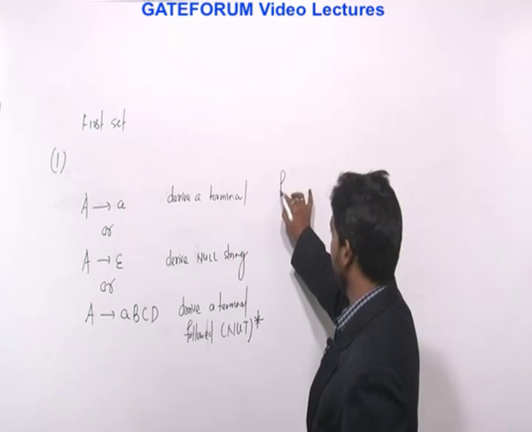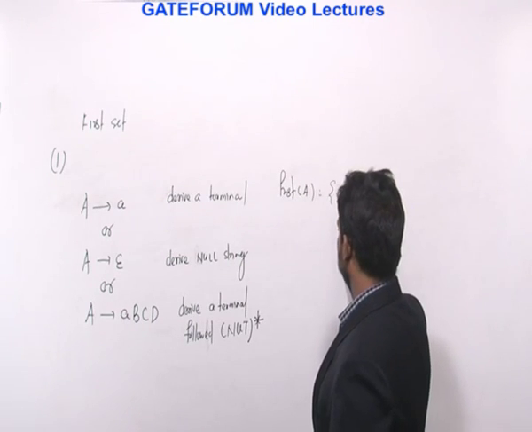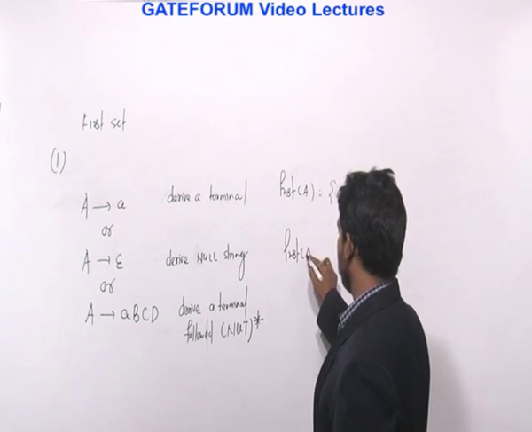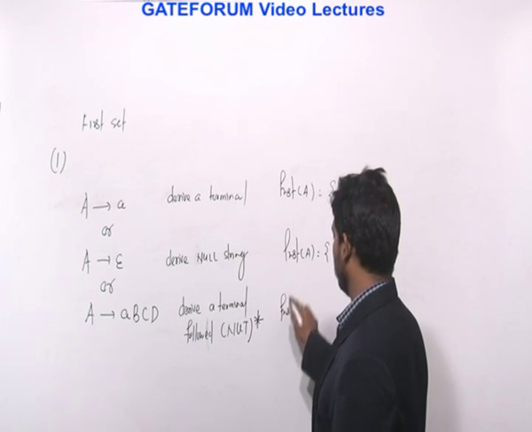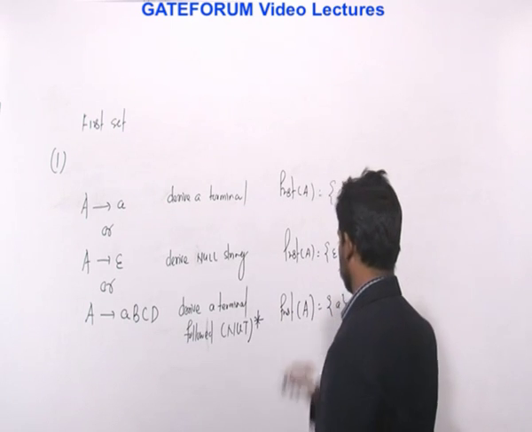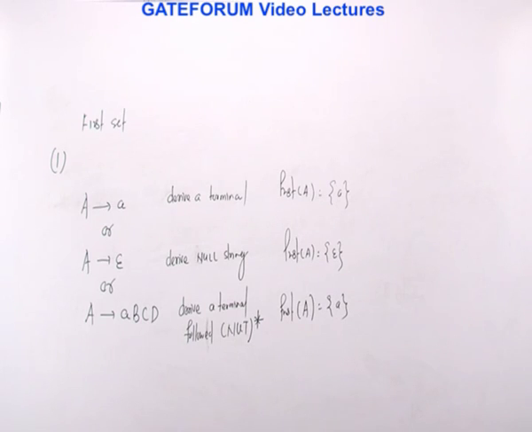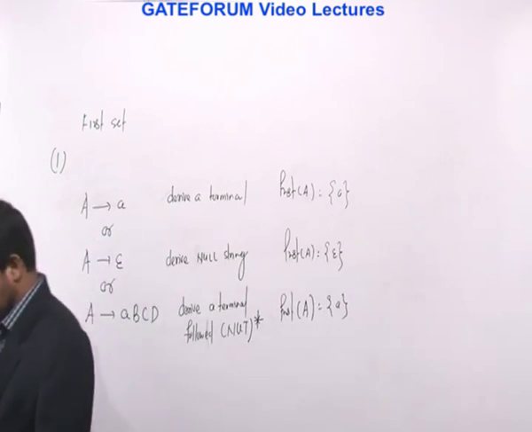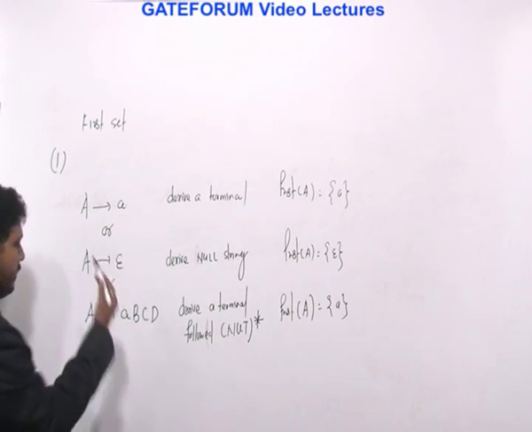Okay, first of A is equal to small a; first of A is equal to epsilon; first of A is equal to small a. You understand this very simple situation you are having: A derives epsilon, or A derives a B C D. So in this case include that symbol: a, epsilon and a.